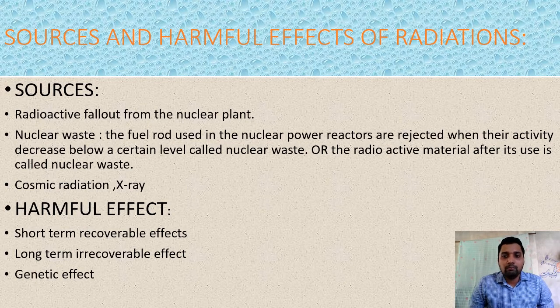This type of harmful effect is given by radiation. For that reason, when we have to use radioactive substances, we have to take some preventive measures so that our body, the animals, or the plants should not be exposed to this radiation.